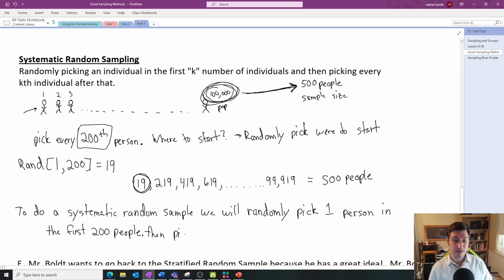Then pick every 200th person after that. That will give us a sample of 500 people that is random.